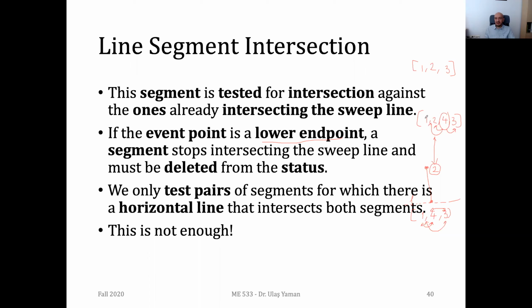For instance, the first one might be far away on the x-axis, so it's not in our scope of intersection. We don't need to do computation between the first and the fourth one. Instead, we may just focus on the neighbors, left and right neighbors, and then continue.